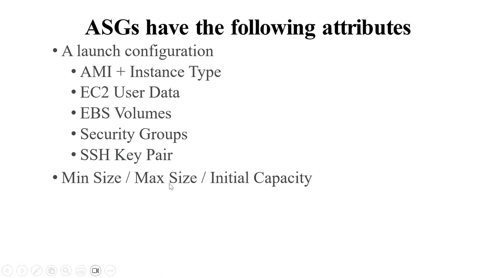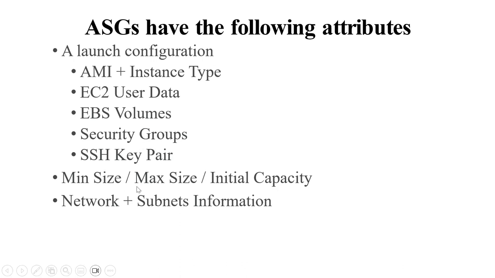Another important attribute: scale in operations are performed at the minimum size, scale out operations are performed up to the maximum size, and a desired capacity. How many do you want normally? And the networks and subnets, definitely. In which VPC and what are the availability zones?